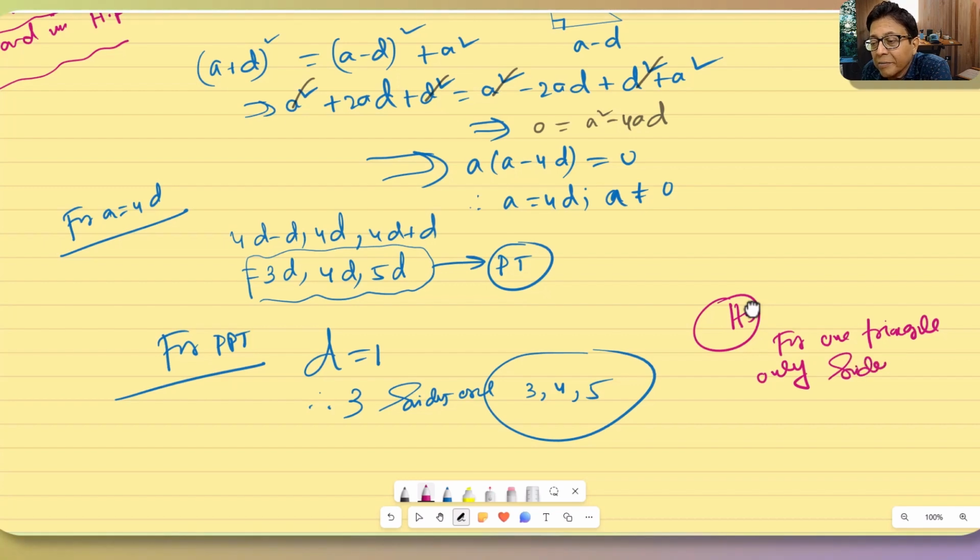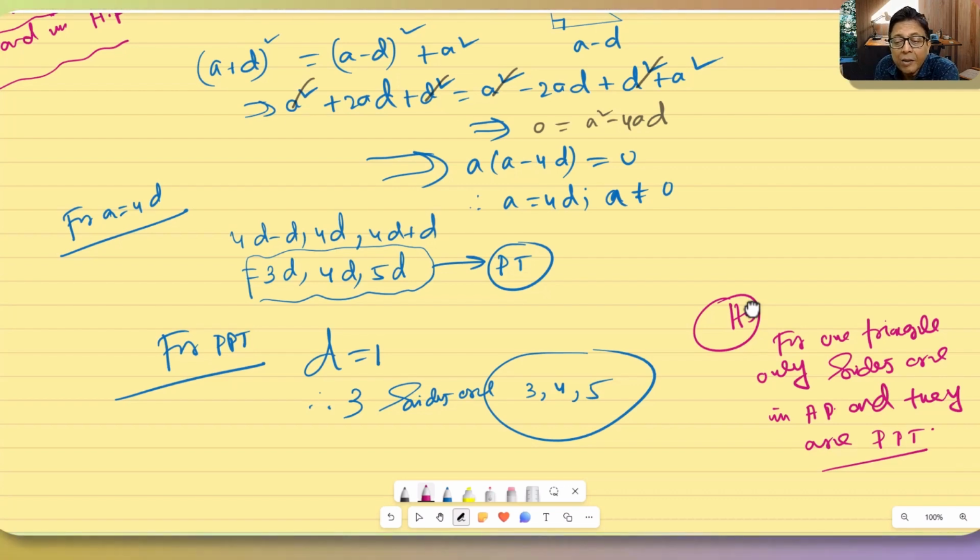So the answer is one triangle only, whose sides are in AP and they are all PPTs, primitive Pythagorean triplets. So the question may be how many are there? Your answer is 1, and this is the triangle whose common difference is equal to 1, and this will answer you for PPTs when you are forming a right angle triangle.